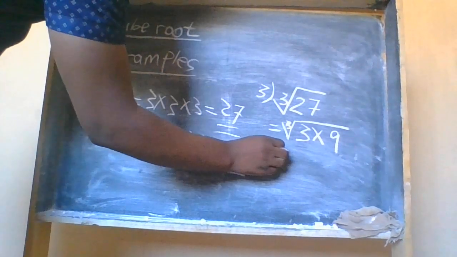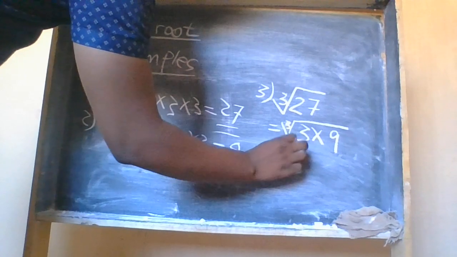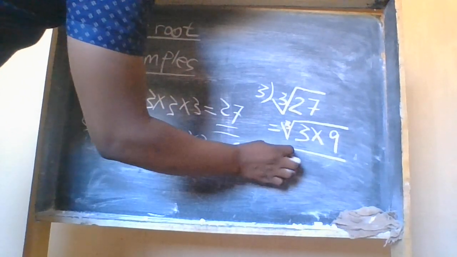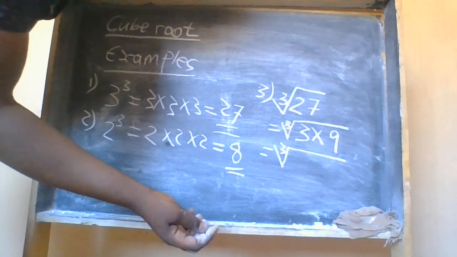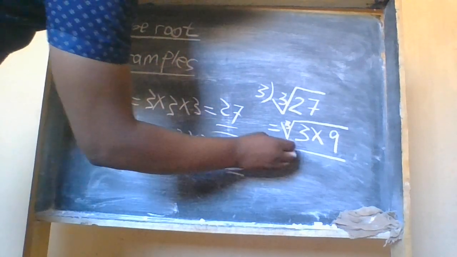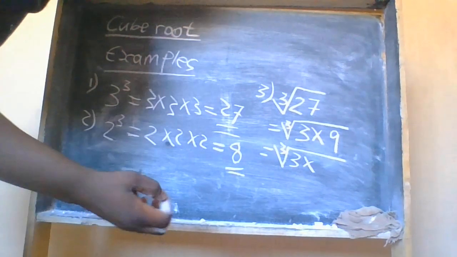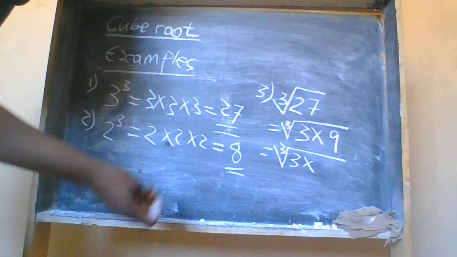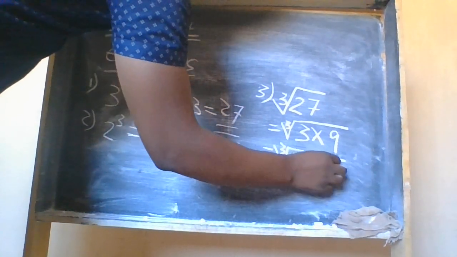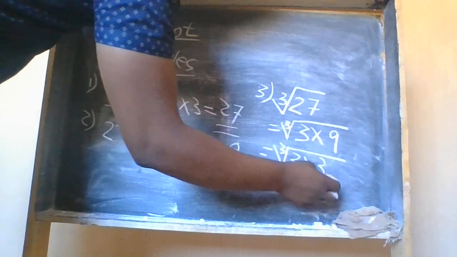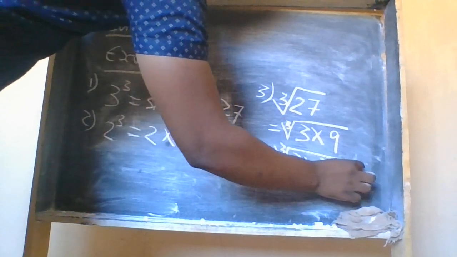Then you continue, not forgetting the symbol for the cube, which is the 3 there. You say 3 times, and this 9 can still be broken into 2 equal parts, and that is 3 times 3.